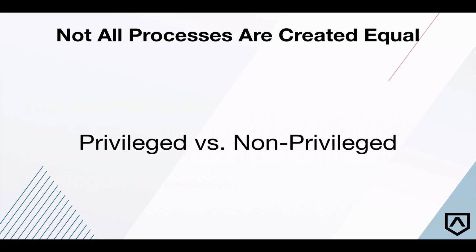So for example, the scheduler algorithm that we talked about a little bit earlier, the scheduler process, is a privileged process. And there are other processes as well. For example, there's a process that's part of the operating system that is dedicated to managing memory resources, and that process would also be considered privileged.